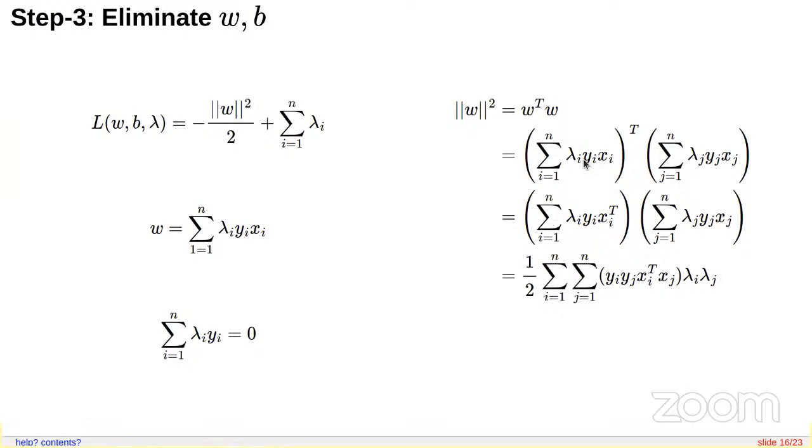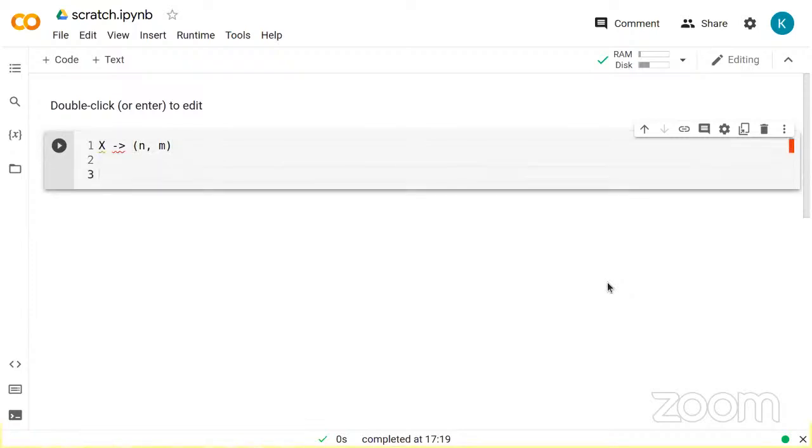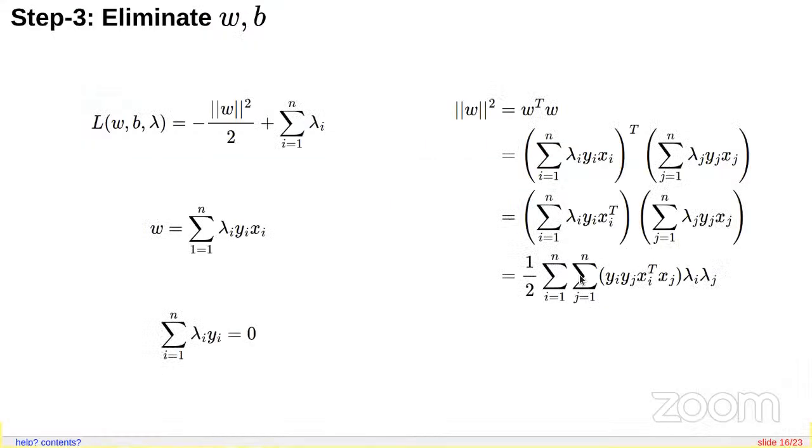So this is basically xi transpose xj for all i, j. Say X is your n cross m feature matrix. I'm not sure if X transpose X will do it, because finally you need this to be n cross n.